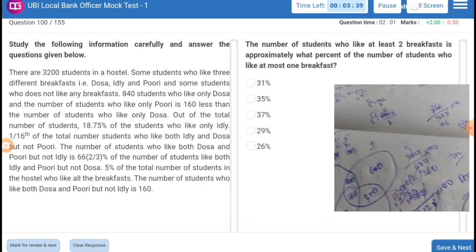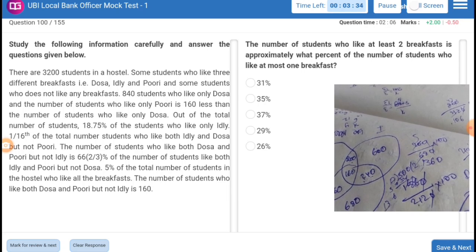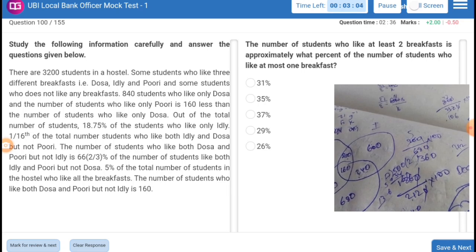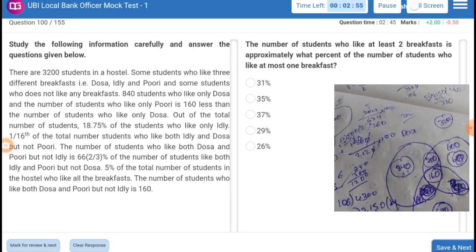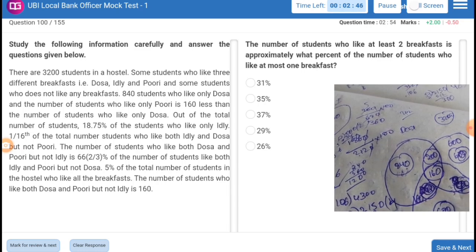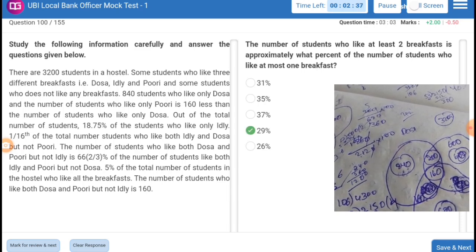the number of students at least 2. Note 6. 53, 9. I think 29.